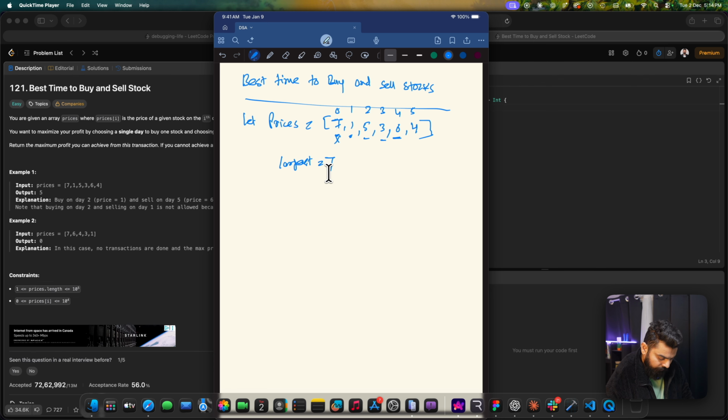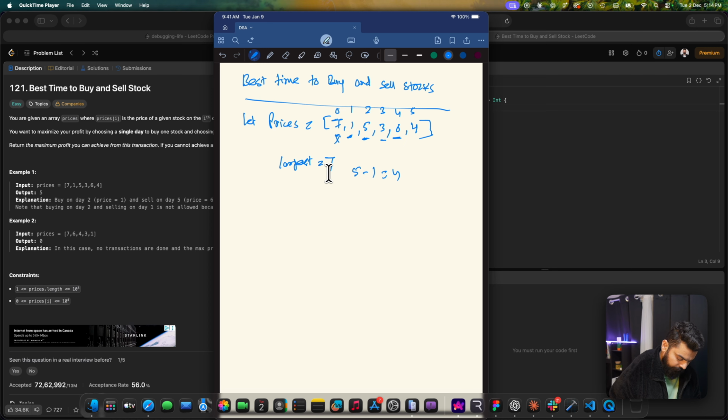We need to keep checking each and every value here. Wherever we see a great profit, more profit, we will be choosing that only. Because if we buy on this day and sell on this day, 5 minus 1, we have 4 rupees profit.